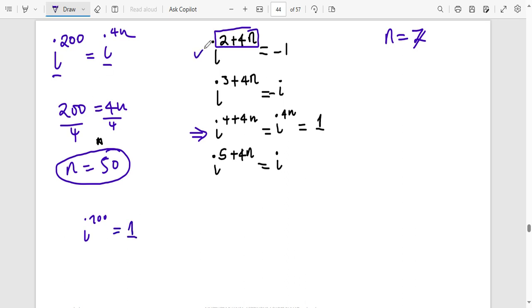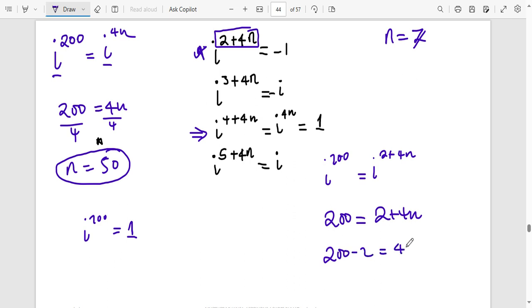And let's say if I tried this one, I say i to the power 200 is equal to i to the power 2 plus 4n. Since the bases are the same, I'll equate the powers. I say 200 is equal to 2 plus 4n. I'll take 2 this side, so it becomes 200 minus 2 is equal to 4n.